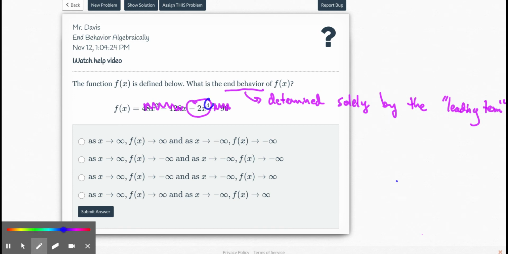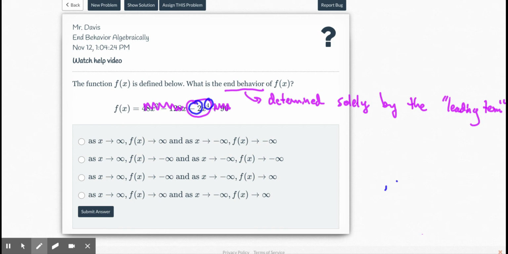This exponent could either be an even exponent, which in this case 4 is even, or it could be an odd exponent like 3 or 5. And this number in front could either be a positive number or it could be a negative number. So those are going to be the 4 things that determine this end behavior, whether the exponent is even or odd, and whether the coefficient is negative or positive.